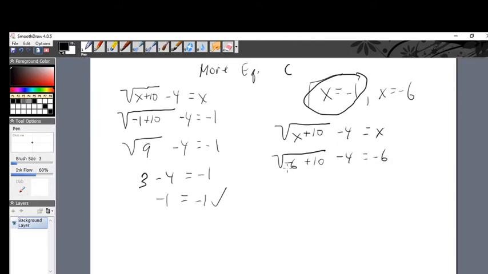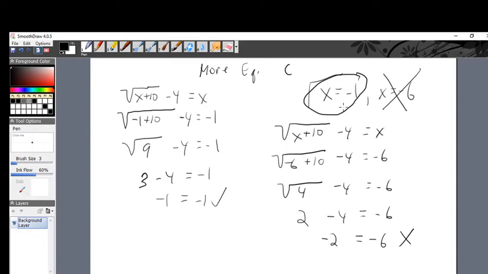The square root of 4 is 2. 2 minus 4 is -2. -2 is not equal to -6. Absolutely not. Therefore, this doesn't check out as a solution. There's only one solution to this equation, and the other one is false.